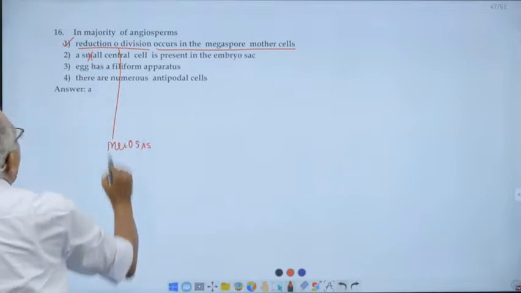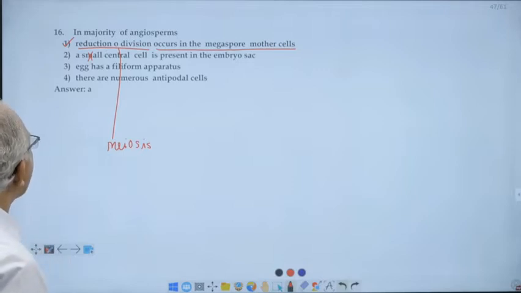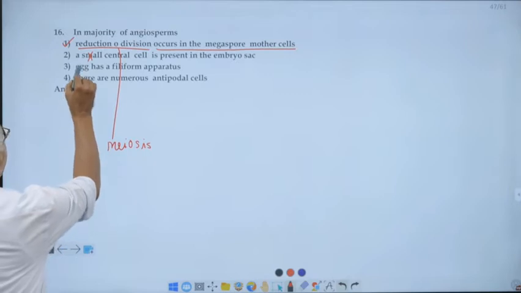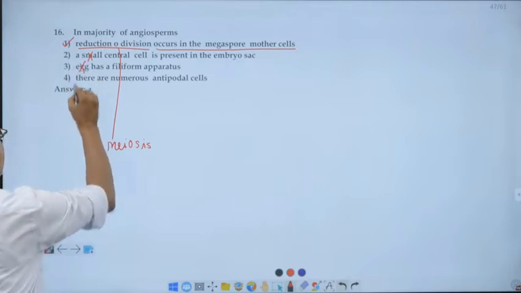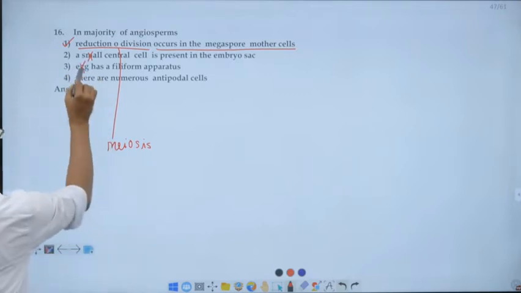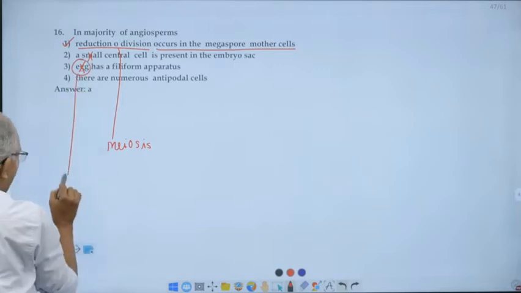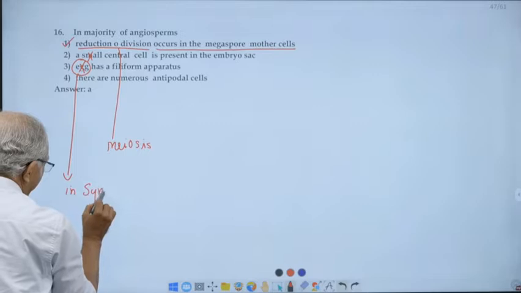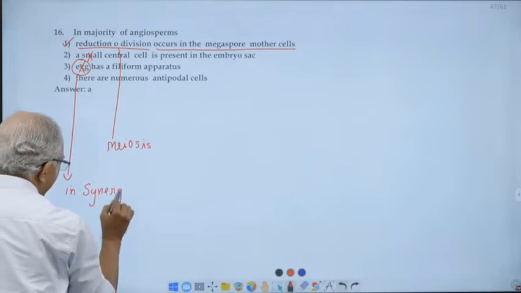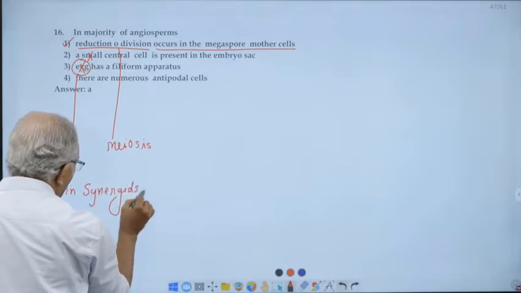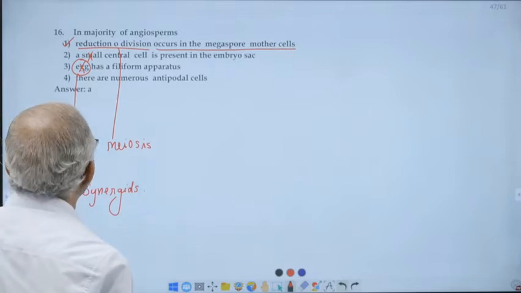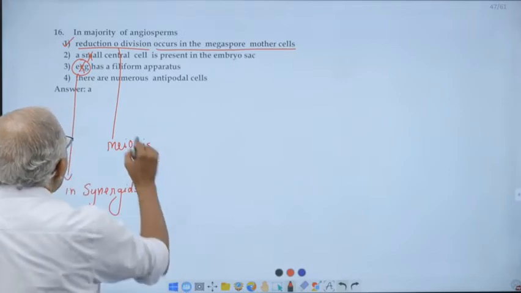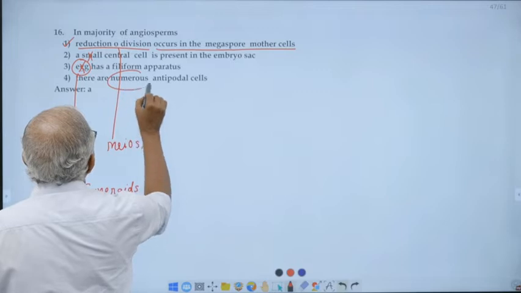The second one we could not accept. Central cell is large. Filiform apparatus is not found in egg; filiform apparatus is found in synergids. There are numerous antipodal cells.